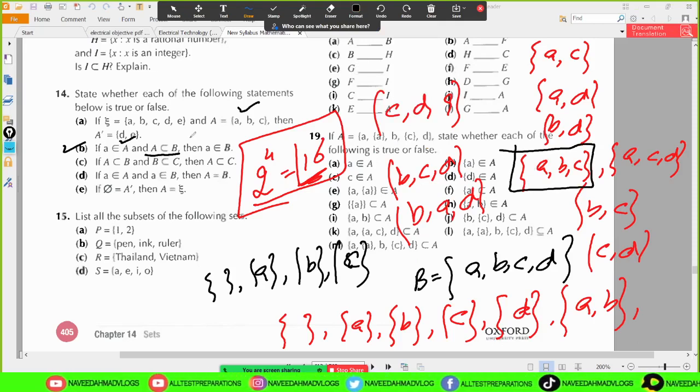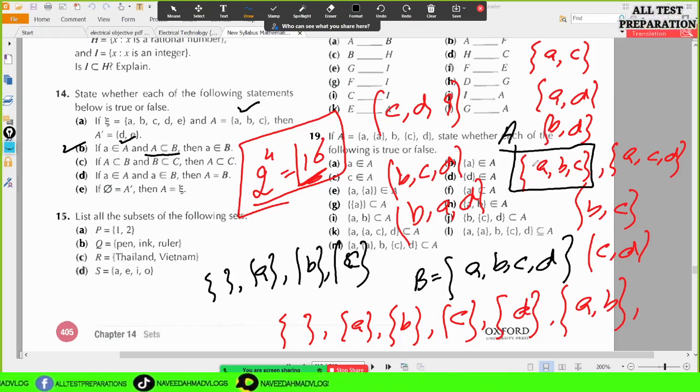And yes, A is also the proper subset of B because all element of set A is the element of set B, and the number of element in set A is not equal to the number of element in set B. That is the condition.